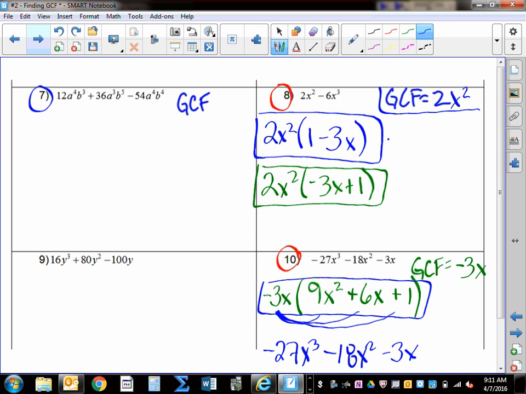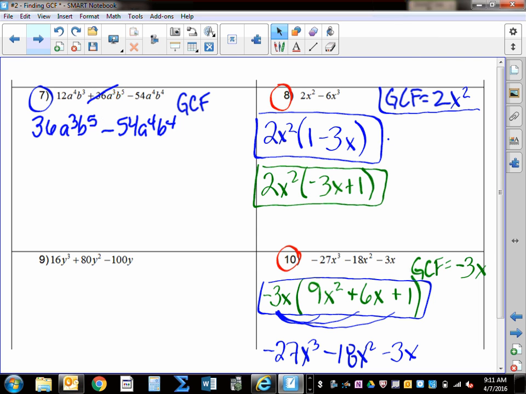No. My largest exponent is on b, which is 5. That's the largest of all of them, right? So let's rewrite this in standard form. 36a cubed b to the 5th. Then we next have our exponent. My highest exponent was for my b, so my next highest exponent would be 4. So negative 54 a to the 4th b to the 4th. That's what this is.